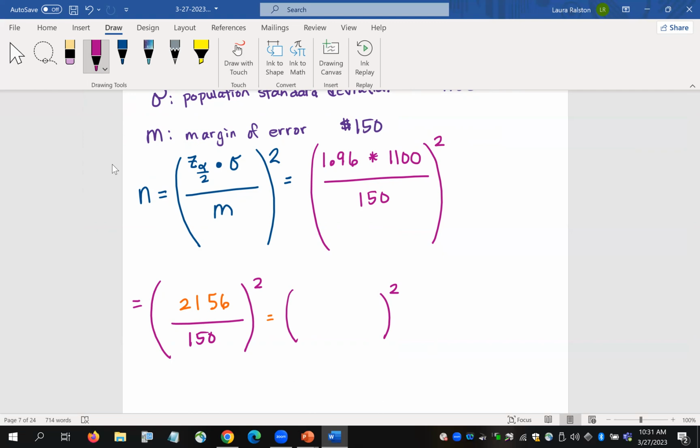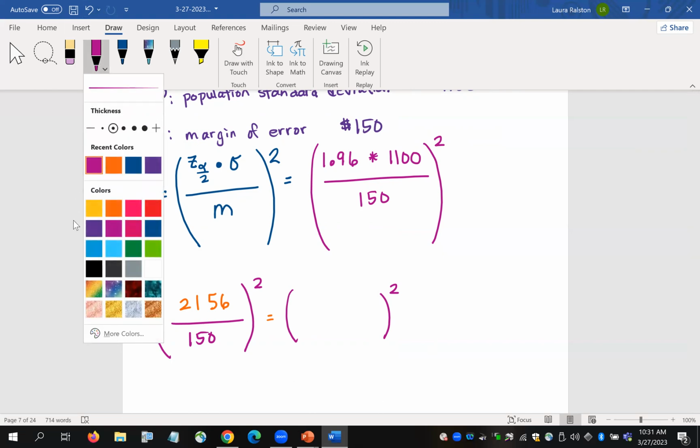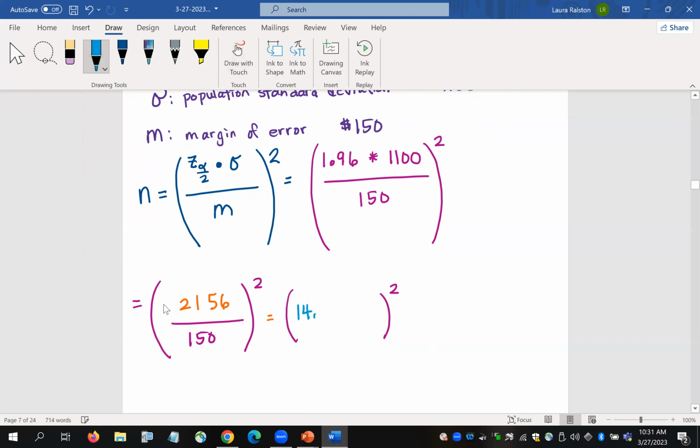It gives me 14.37333. Okay. Then I'm going to square that number. When I square that number, I get 206.592711.